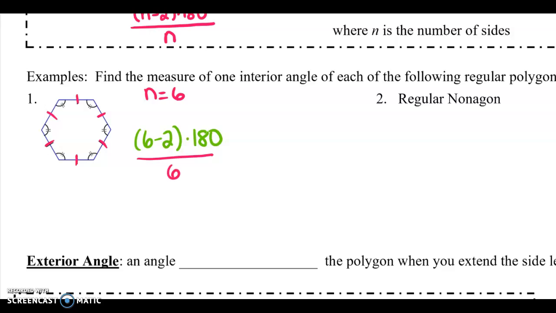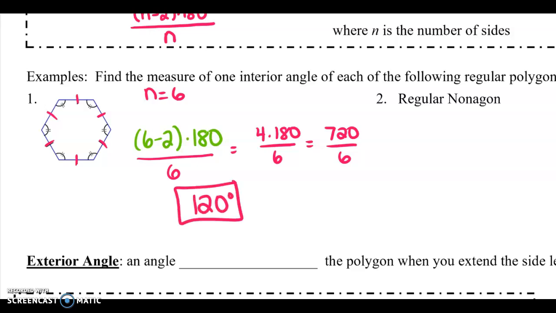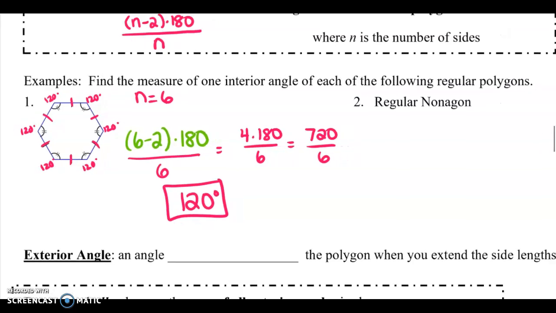So that's 4 times 180 divided by 6. 4 times 180 is 720. 720 divided by 6 tells me that every single angle is going to be 120 degrees. So this angle is 120, this angle is 120, and so on. They're all 120 degrees.